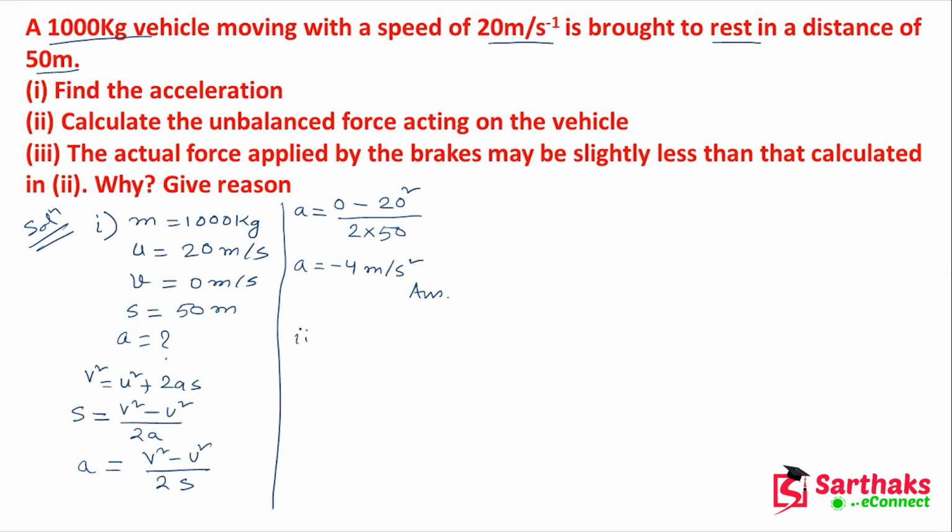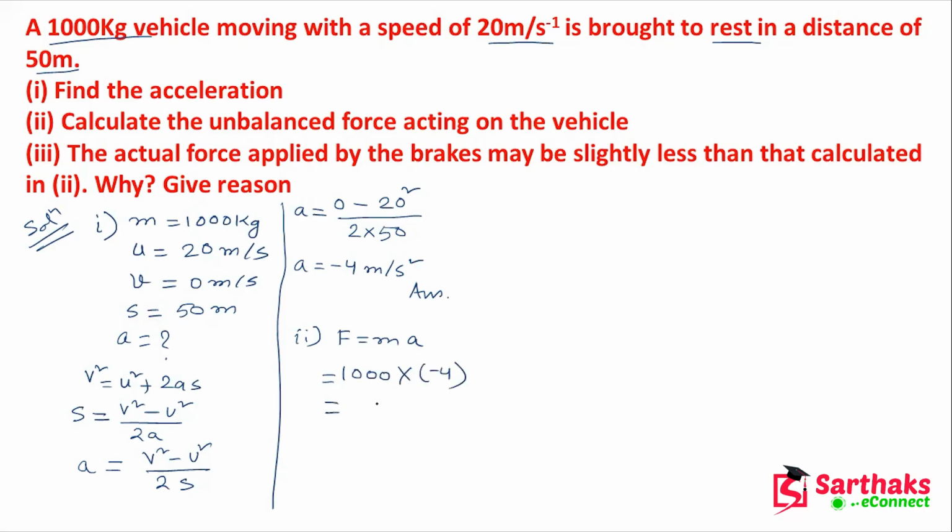For the second bit, F equals m into a, we know that force equals mass into acceleration. So mass is how much? It has been given 1000 kg. So we can write 1000 multiplied by minus 4.